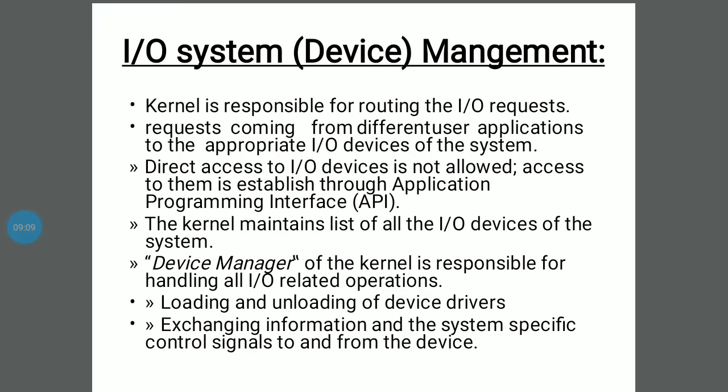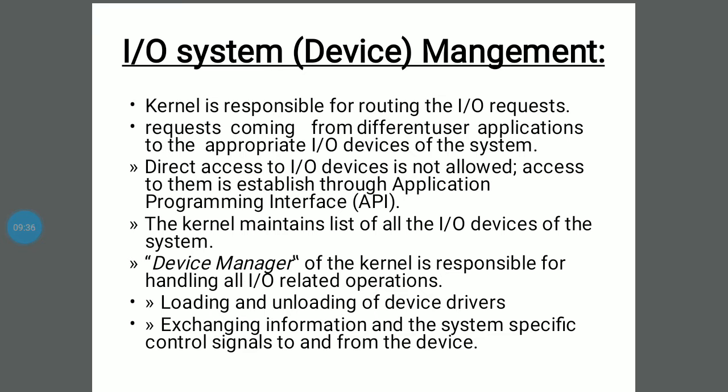The kernel is responsible for routing IO requests coming from different user applications to the appropriate IO device of the system. Whenever you type through the keyboard, that is a request for the device to take input. Output means when we want to display something, it has to be displayed through the display screen.